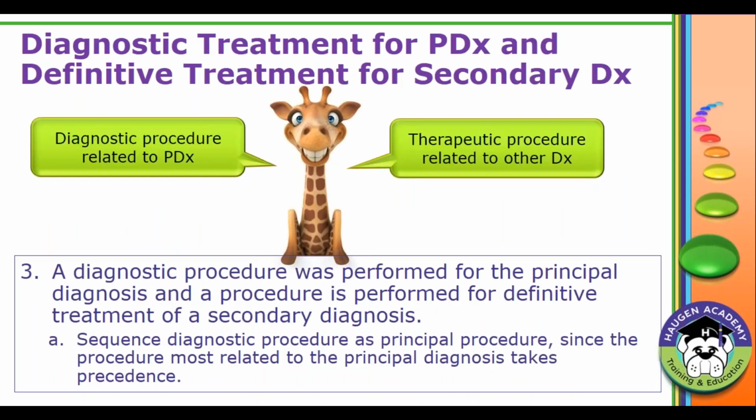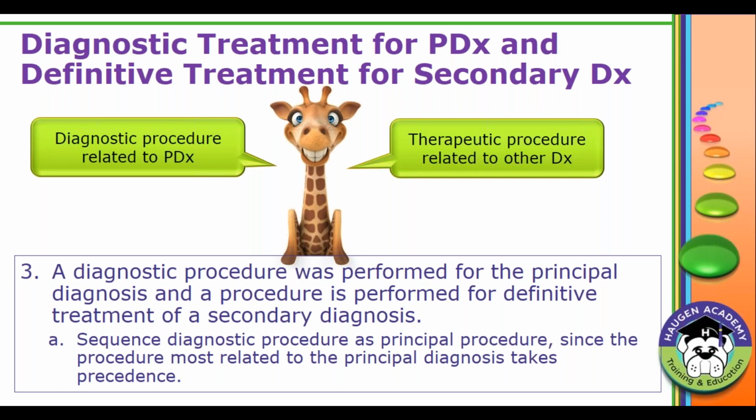For the third guideline for significant procedure, I think it's pretty simple when you have a definitive procedure that was related to the principal diagnosis. But what happens when you have a diagnostic procedure related to the principal diagnosis and a therapeutic procedure related to the other diagnosis?